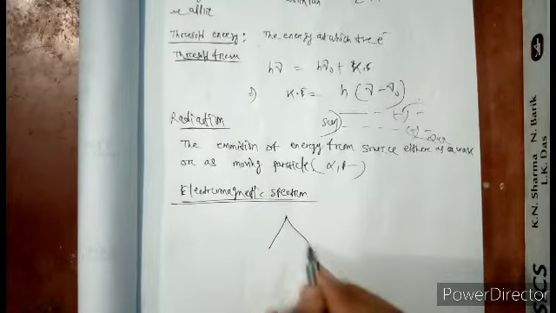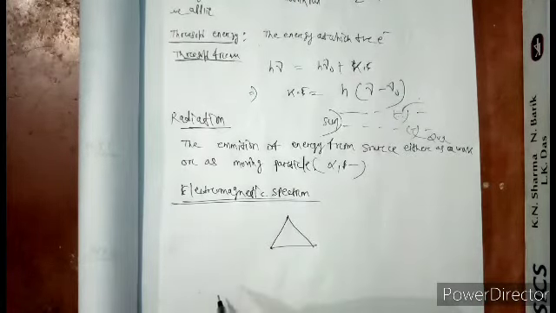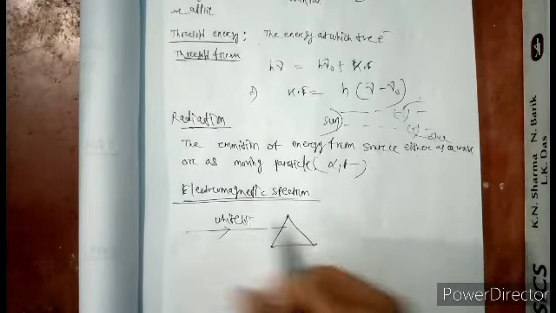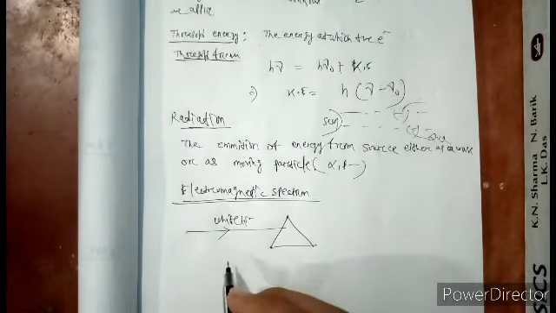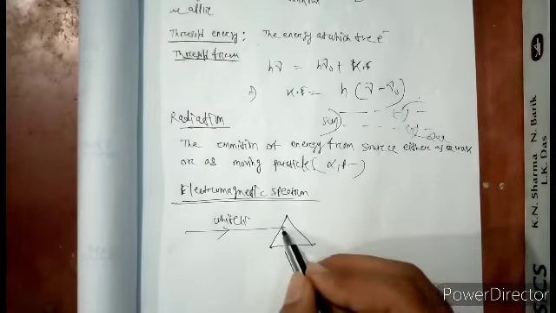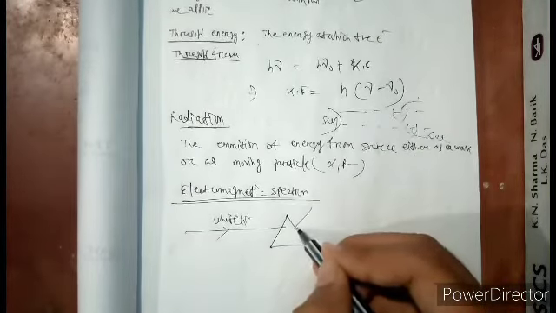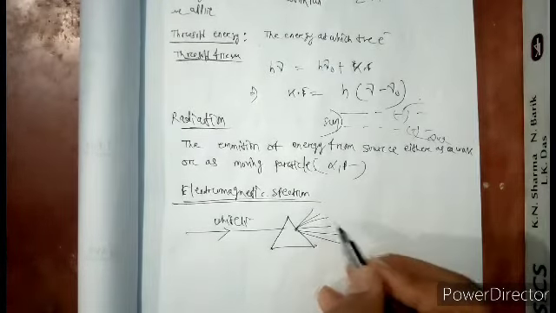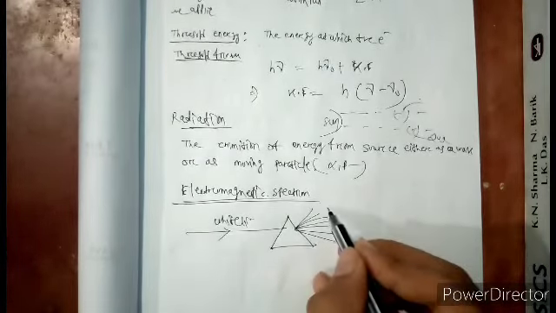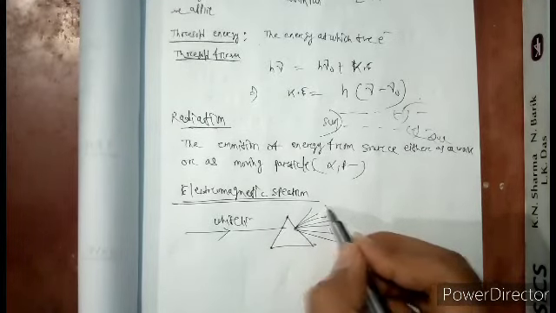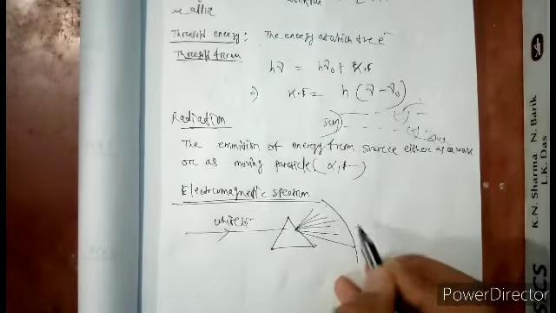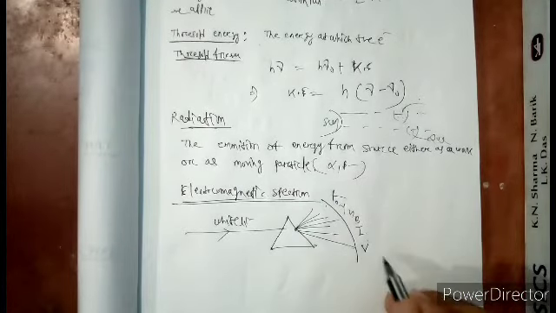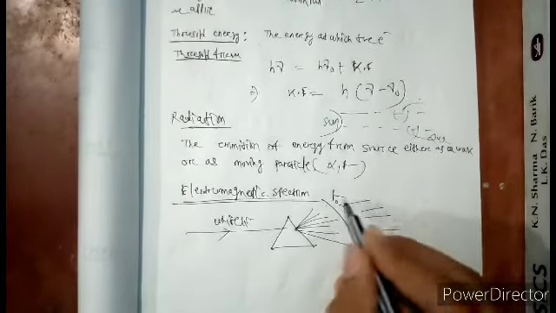If we consider a prism and we incident white light, then it gives 7 constituent colors, that is VIBGYOR: violet, indigo, blue, green, yellow, orange, red.